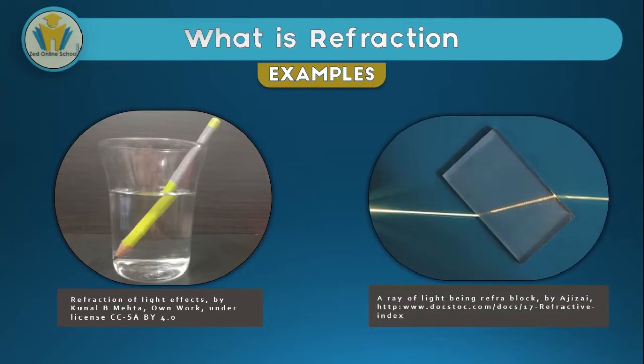Another picture here shows us how refraction can be observed. Later in other videos, or later as you're at school, you'll even do an experiment for this example of refraction. You're going to draw this and see how everything will come to this exactly in the picture.